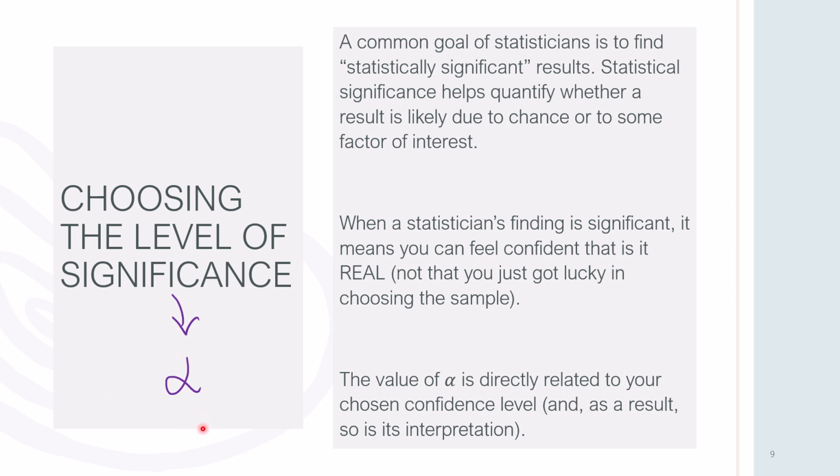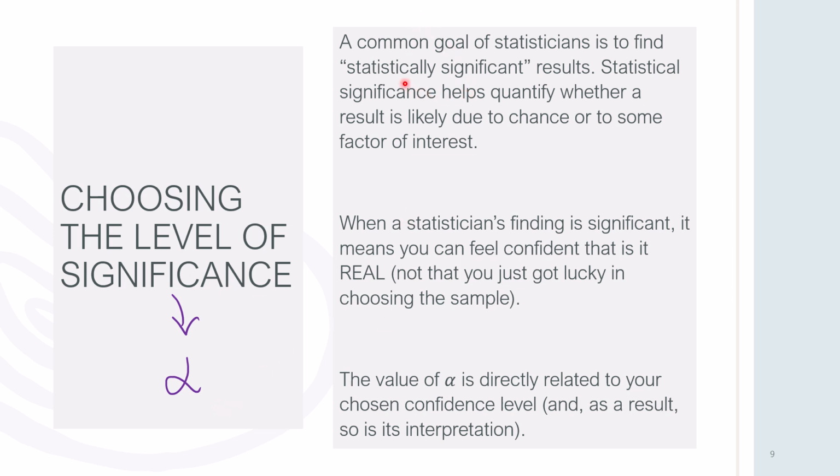But if you have it too low, then you almost never can disprove your null hypothesis. So you have to find a balance between picking a low alpha level so that you are running a low risk of making a mistake, but also being able to find statistically significant results.